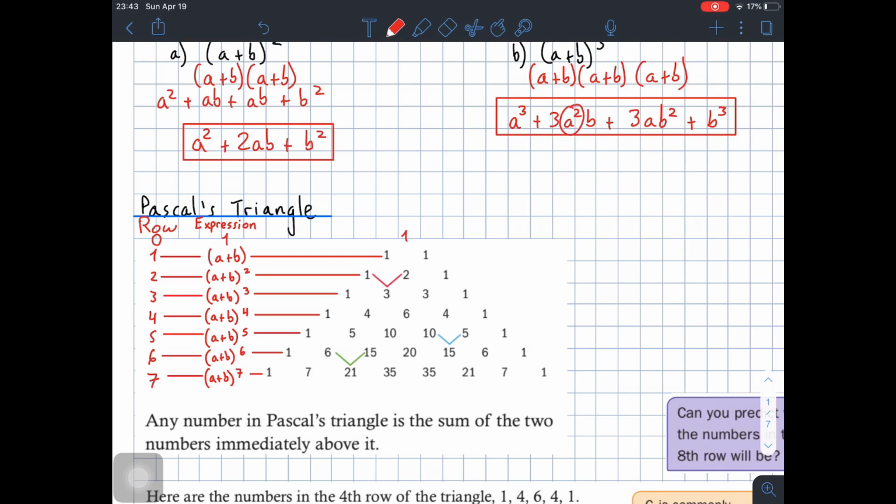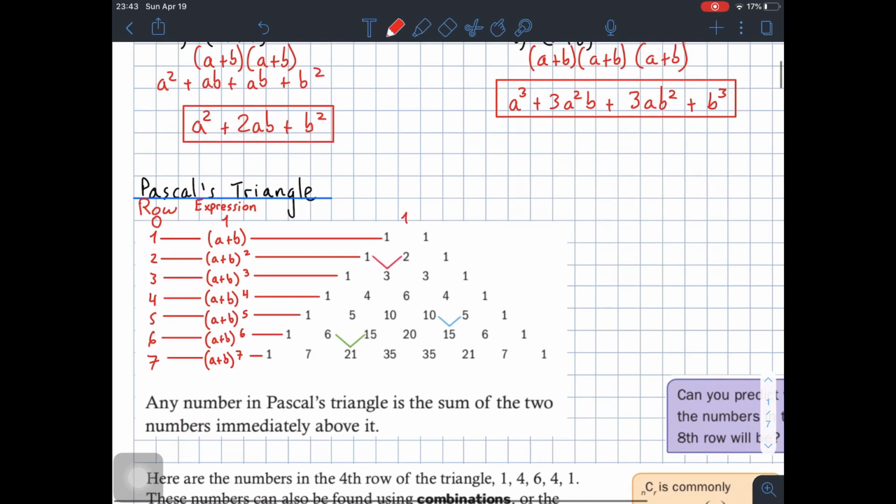And then the a goes decreasing its power by 1 until it reaches a to the power of 0, which is the same as just not appearing. And the second value, which is b, you see that it first doesn't appear, so it's b to the power of 0, and then the powers go increasing, b to the power of 1, b to the power of 2, b to the power of 3, up to the maximum exponent, which is in this case the cubic power, okay?